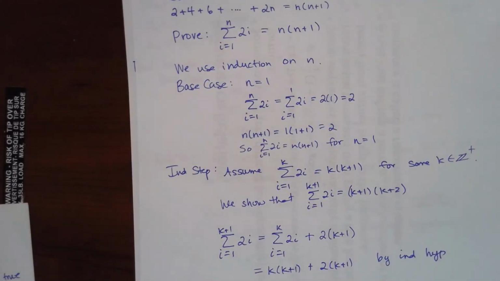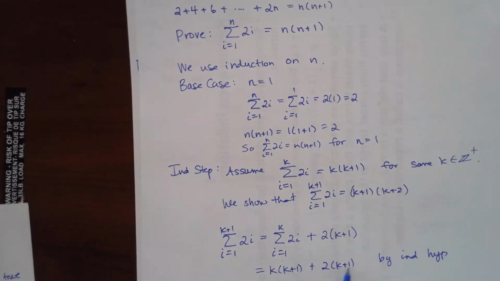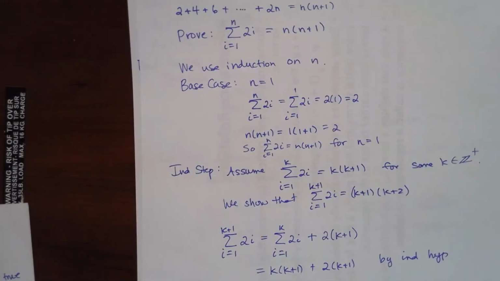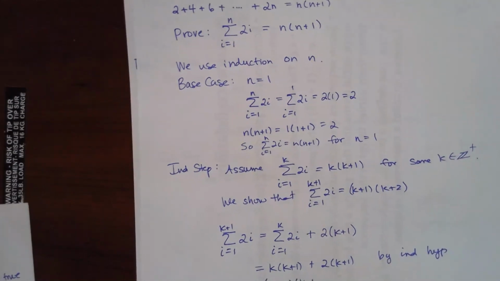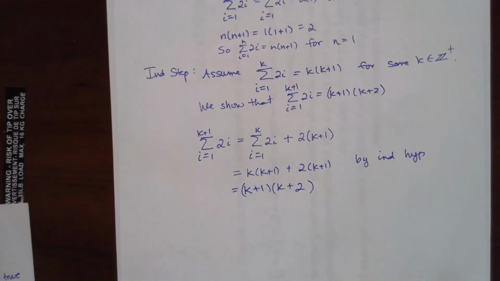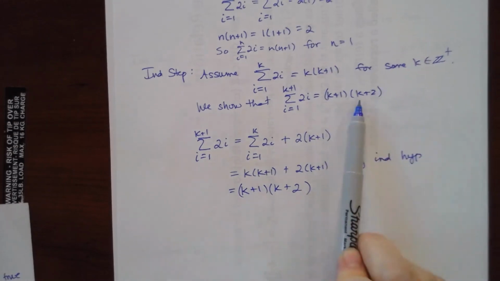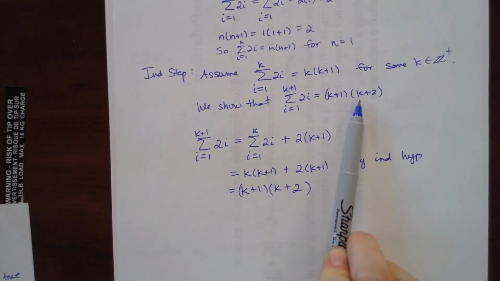And now it's all a matter of algebra. So I've got a common factor of k plus 1 that I can factor out. That first one I have to multiply by k, and that second one I have to multiply by 2. And that's exactly what I was hoping for, right?